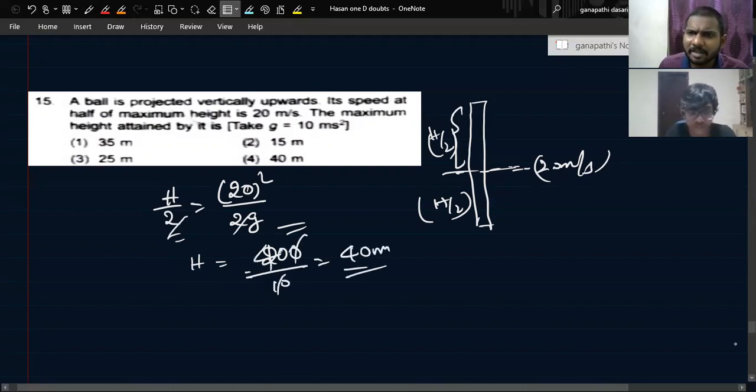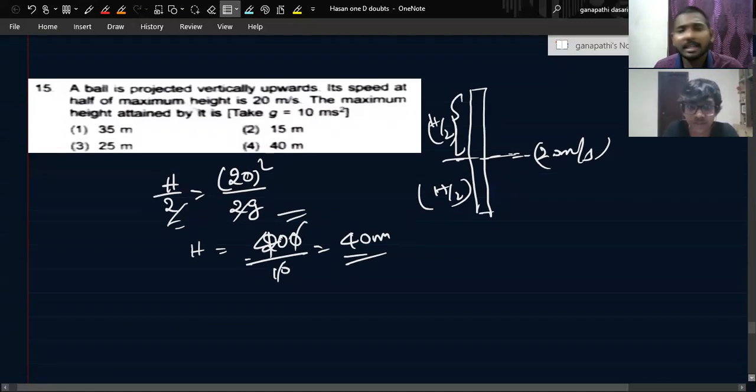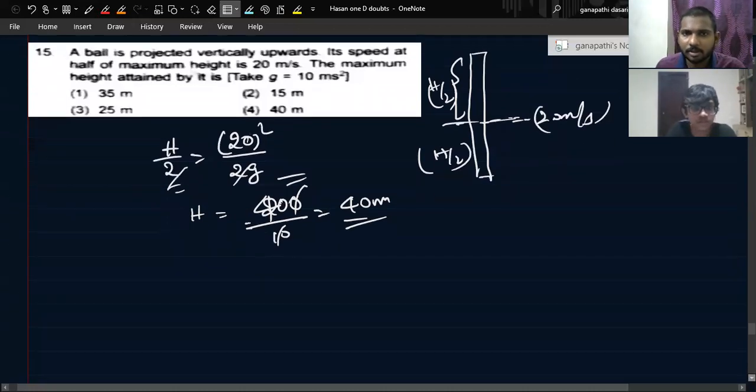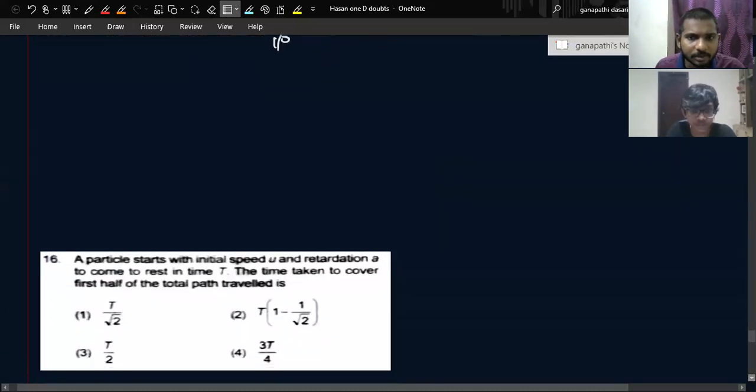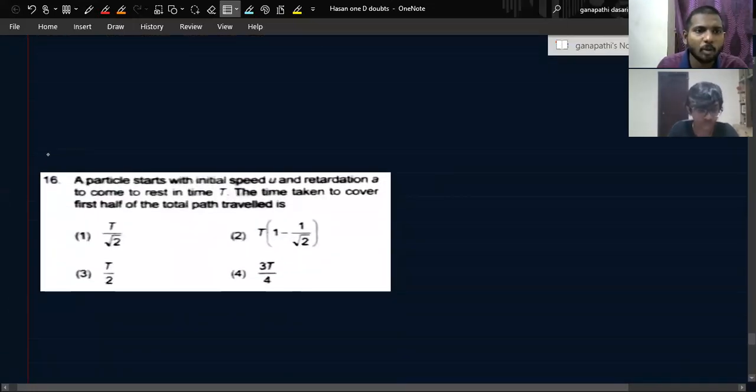You solved in a similar manner, or did you use another technique for this? Same method, sir. You can use another method also. This looks simple for this, treating the question in this way. Now we'll see. This question is again a quality question.